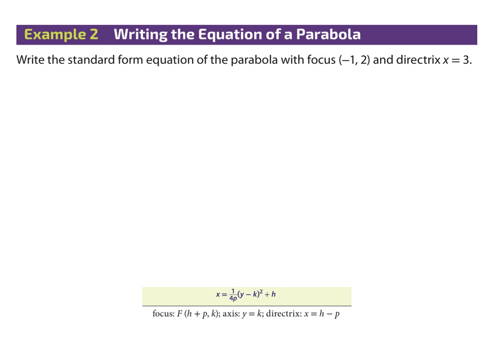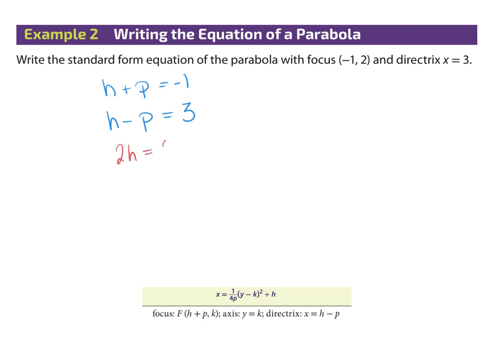If I know this, I'm really trying to find P. So I know that H plus P should equal -1, based on this, the fact that they gave me my focus. H plus P should equal -1. They've also given us the directrix here. We know the directrix is H minus P. So I have H minus P equals 3.